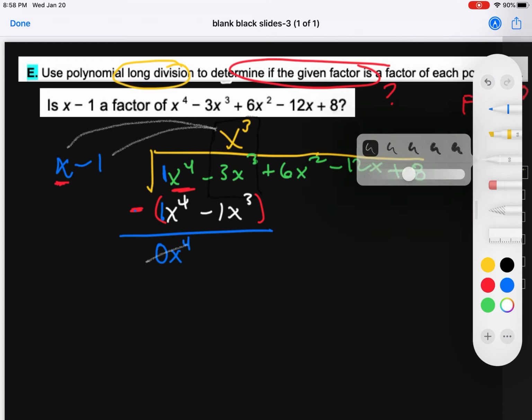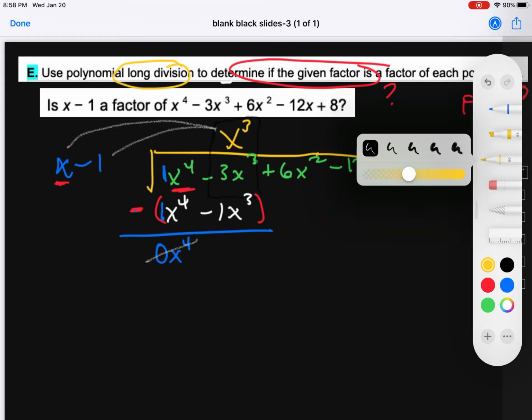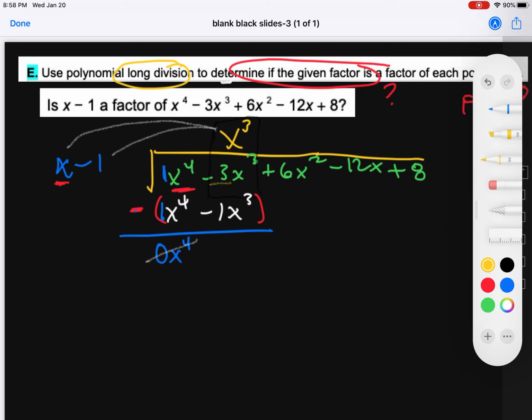Okay, pay attention. -3 minus -1: the opposite of a -1 is positive, so it's -3 plus 1, which is -2x cubed. When you're subtracting, you just look at the numbers in front, the coefficients. Let's bring this one down.